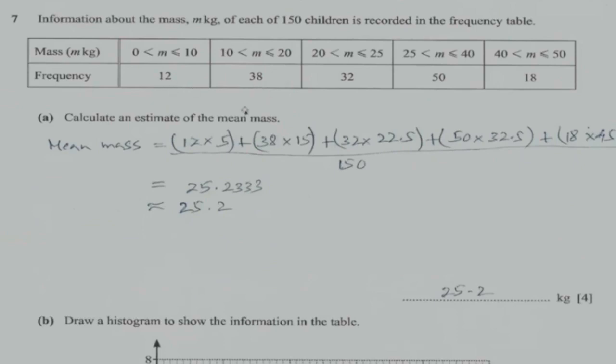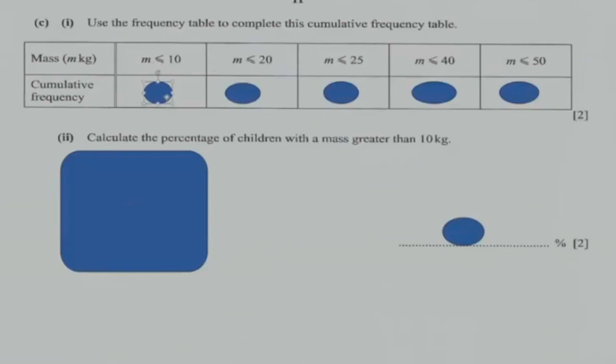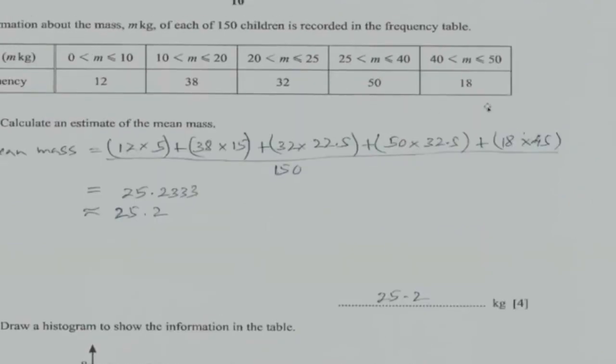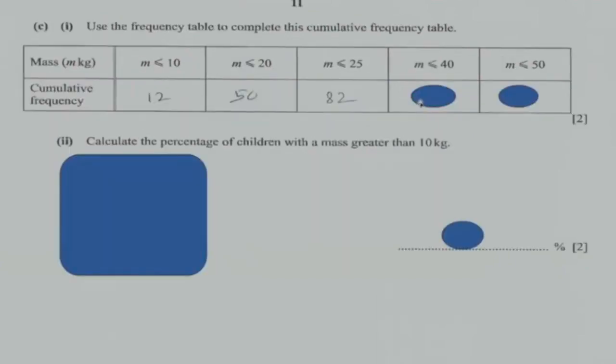So 12 plus 38, then the value of this one, 50. 50 plus 32, likewise. 12, then 50, then add 50, 18, like that. So these are the cumulative frequencies. So we are adding frequencies to get the cumulative frequency.